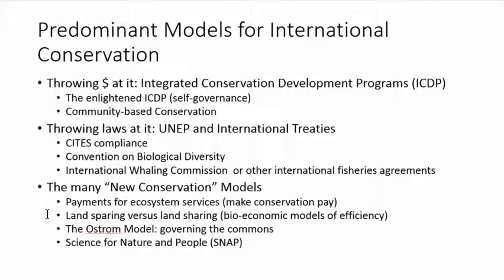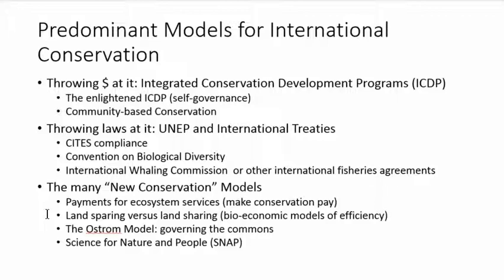But then there are many new conservation models, and there's a debate going on, particularly between Michael Soulé and Peter Kareiva and Michelle Marvier, on new conservation. The idea here is that there's a whole bunch of new ideas to think about these former ideas a little bit differently: payments for ecosystem services, make conservation pay, land sparing versus land sharing, or bioeconomic models of efficiency, the Elinor Ostrom model and governing the commons, sort of getting around the barriers associated with the tragedy of the commons models.